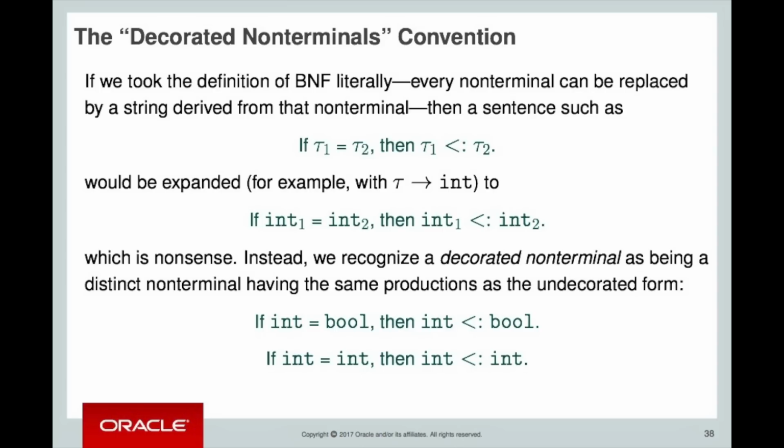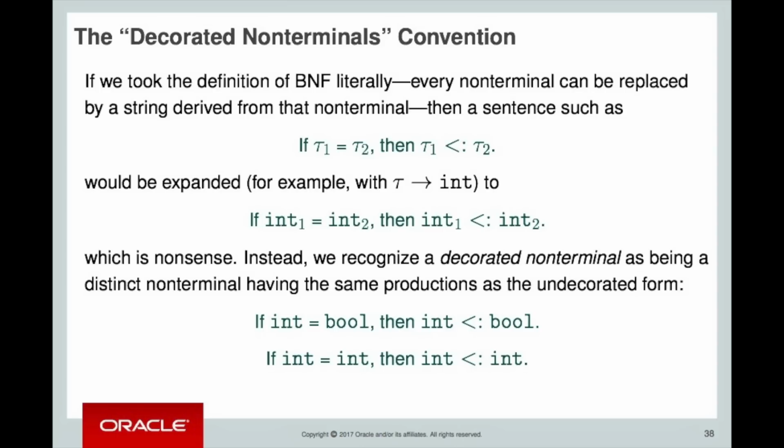Well, that might make sense in some programming language, but usually it's not the kind of thing we're trying to write. Instead, we have this convention that says that if you decorate a non-terminal, then each distinct decoration becomes a distinct non-terminal, but it has the same productions as the undecorated form.